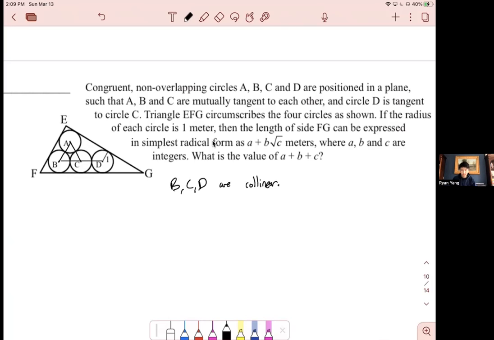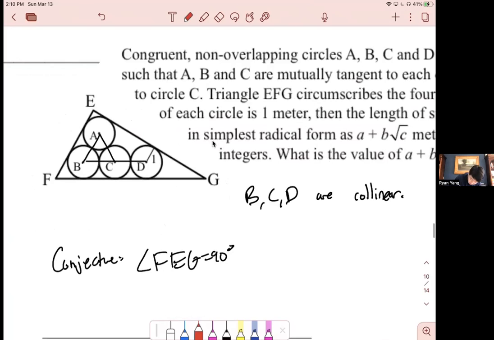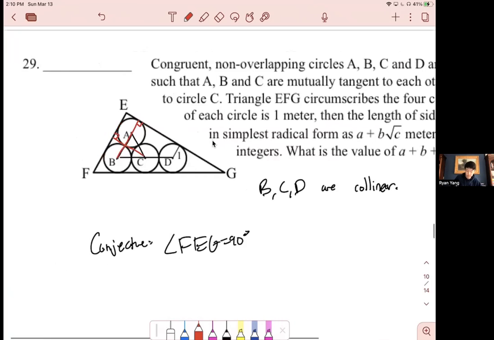And so the next thing to notice is that angle FEG equals 90. It looks kind of like a right triangle. And this does in fact end up being true because AB is perpendicular to EG, and EF is perpendicular to the perpendicular bisector of AB.